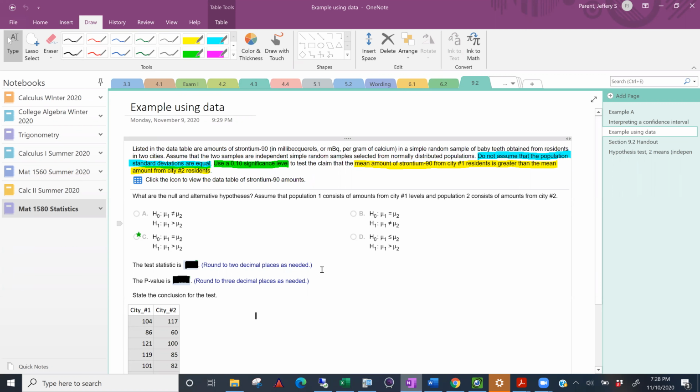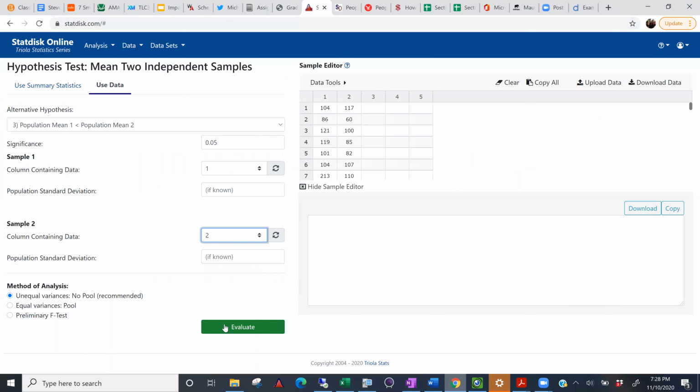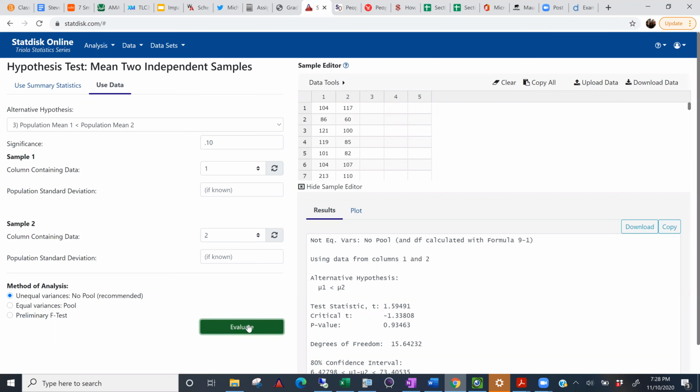Standard deviations and variances run in the same direction, so we're not going to assume that they're equal. And I think that's pretty much it. We've got our significance level should be 0.10. Not really sure that that'll make a difference here, but it's nice to have that right anyways.